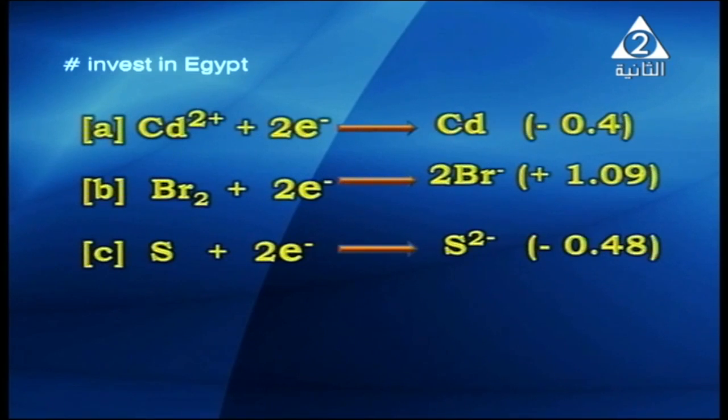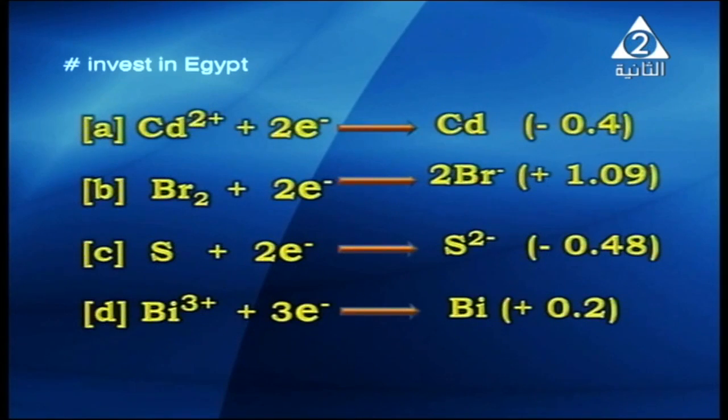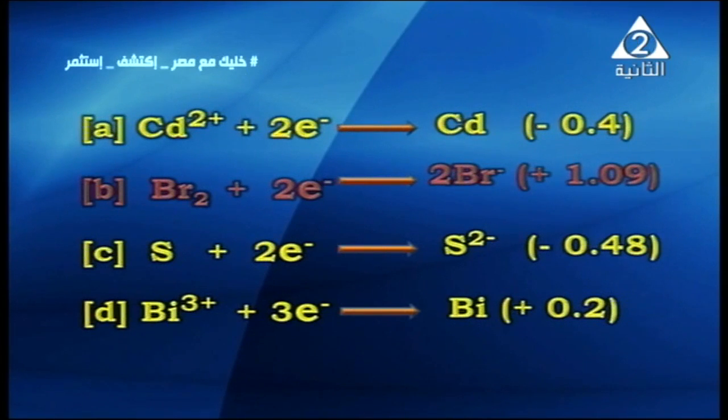Sulfur plus 2 electrons gives sulfide ion, and the reduction potential is negative 0.48. Bi3+ plus 3 electrons gives bismuth, and the reduction potential is 0.2. If you think about it, so the answer, my dear student, is Br2 plus 2 electrons gives 2 Br negative with reduction potential positive 1.09 volt.